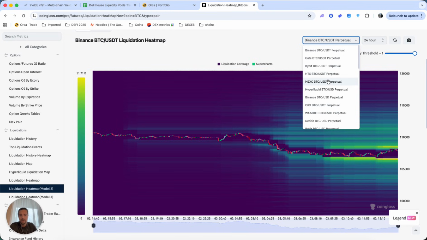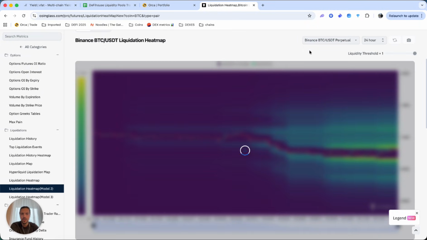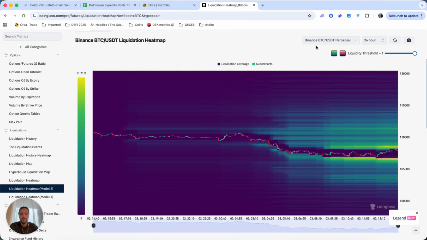There is no point in using something like MEXC or HTX, because the volumes they generate are not as high, and you want to be looking at the exchange with the most data. Even though I hate Binance and centralized exchanges in general, Binance still generates the most volumes, so to speak. So Binance is a good thing to watch from this perspective.